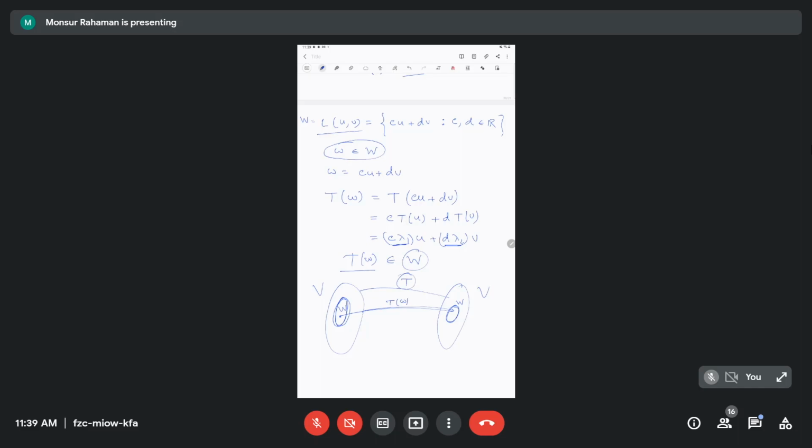Okay, so it depends on the linear transformation. So by the eigenvectors, you can prove whether the vector space is invariant or not.